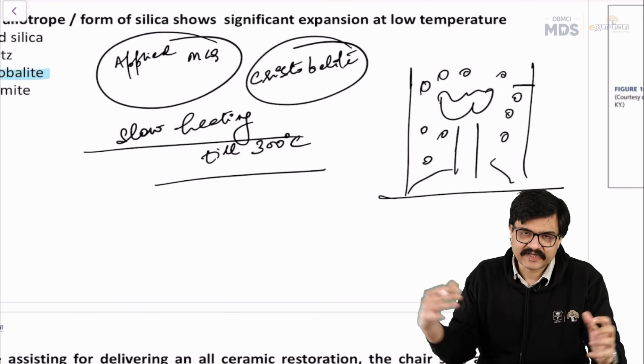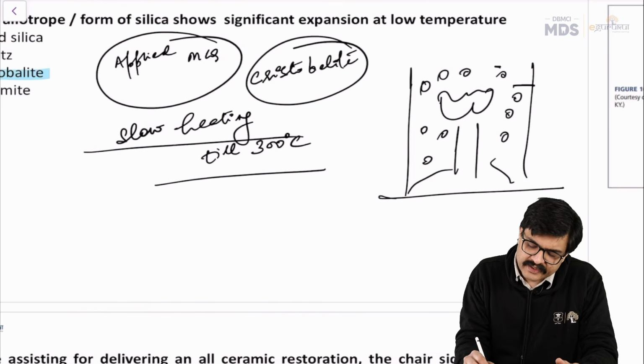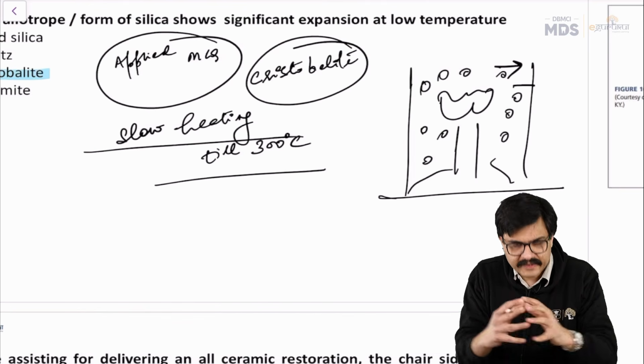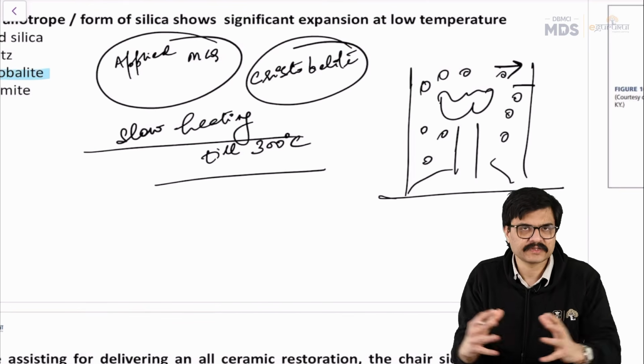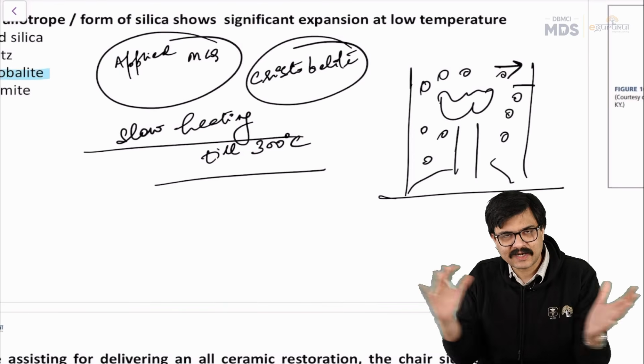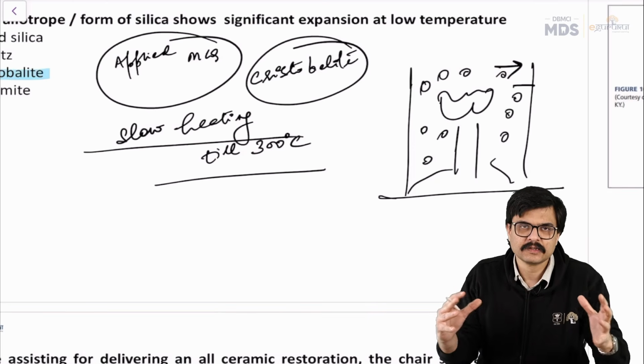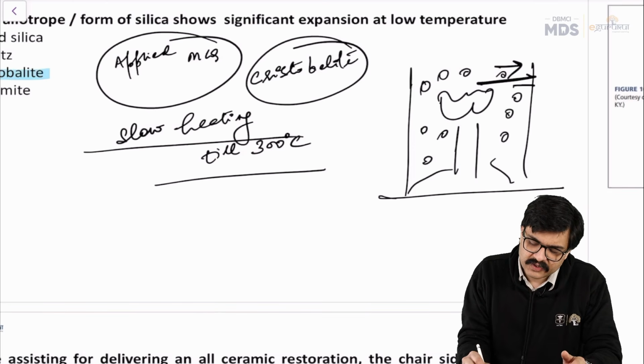Okay, so it generates an inward compressive stress on the inner layers, which due to heat are expanding outward. So they are under tensile stress, they are trying to expand outwards, right? Which is being restricted by a counter compressive stress, right? And that creates radial cracks from inward to outward.